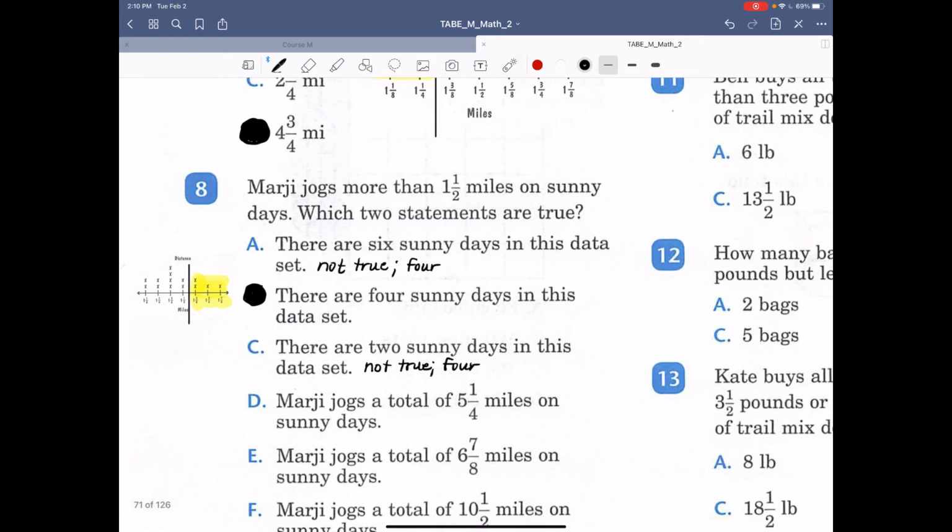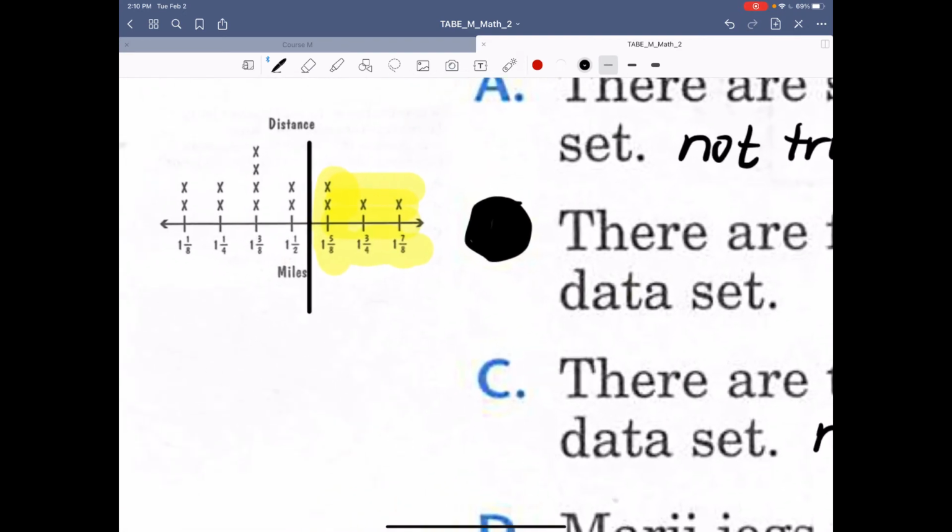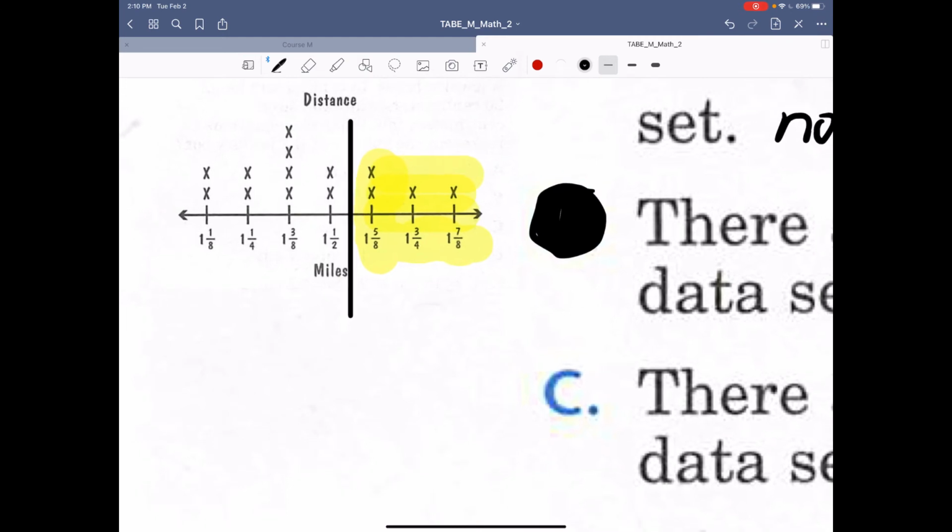Margie jogs a total of 5 1/4 miles on sunny days. Well, we're going to have to do some math here. So I have 2 of the 1 5/8 plus 1 3/4 plus 1 7/8.